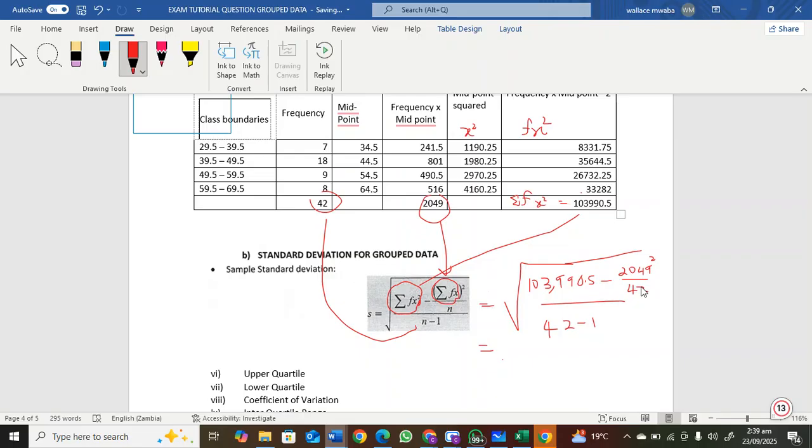We get 99,961.9. All of this divided by 41.